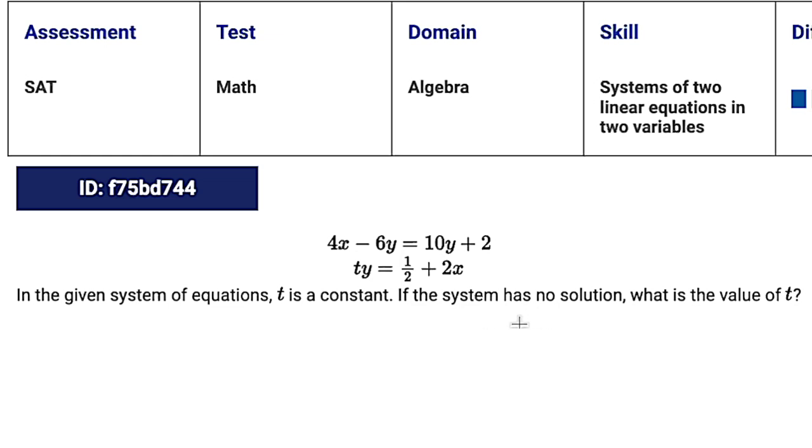Another cool thing is, regardless of if it has no solution or infinite solutions, we can focus on those coefficients in front of x and y, because no solution means that the constants, that is to say the leftover numbers that are not attached to x and y, they're never going to equal each other. With infinite solutions, they will equal each other, but we could still just focus on the coefficients because they're also going to equal each other.